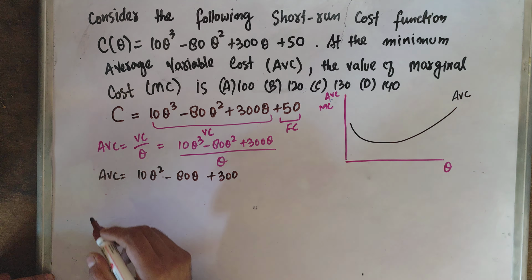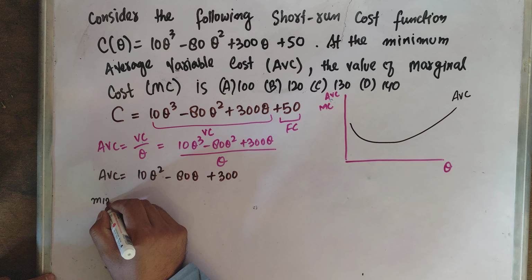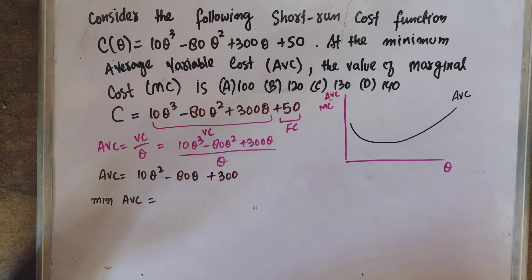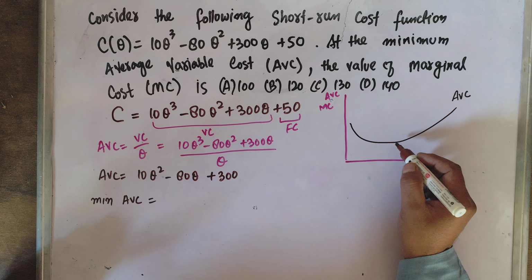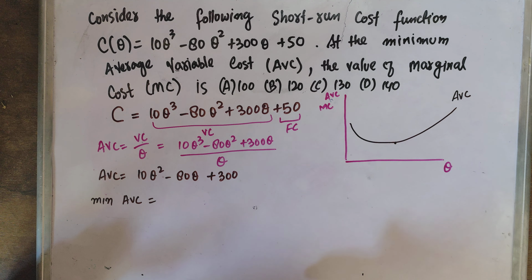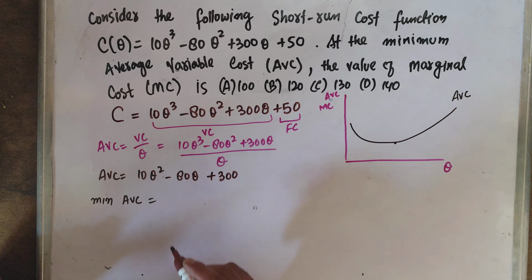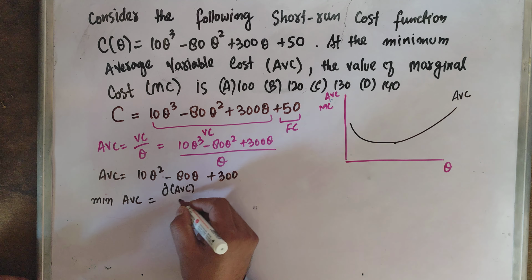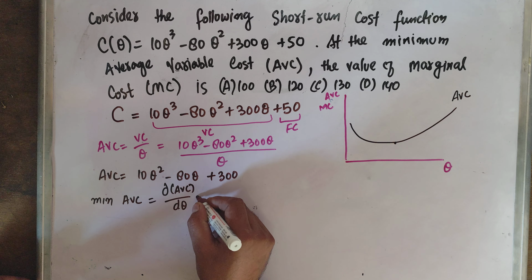So we need to find out the minimum point of average variable cost. The minimum point of the average variable cost function is that very point where its slope is equal to 0.